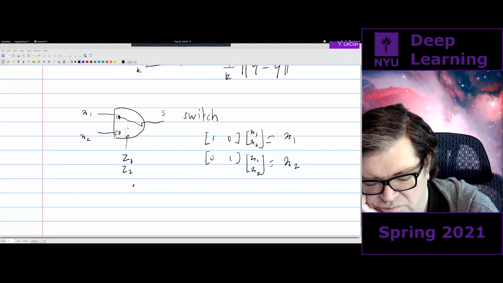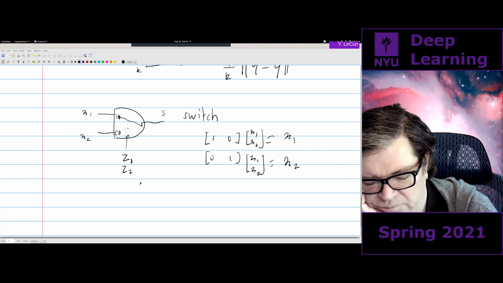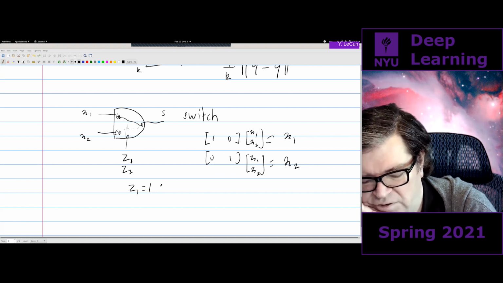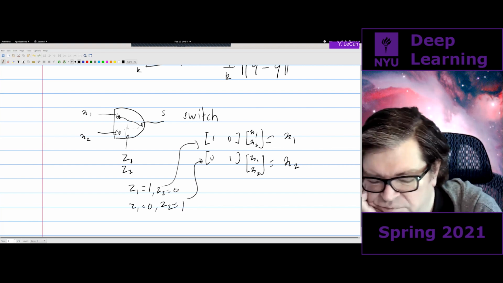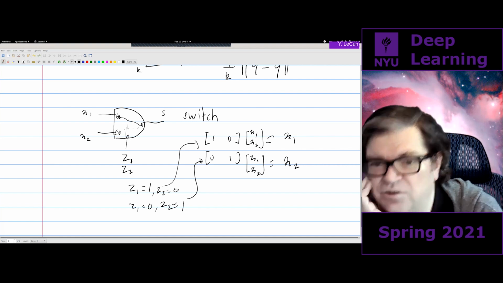And I can write, if z1 equals 1 and z2 equals 0, I get this matrix. And then if z1 equals 0 and z2 equals 1, I get that matrix. Okay, that would be a way to write the U.